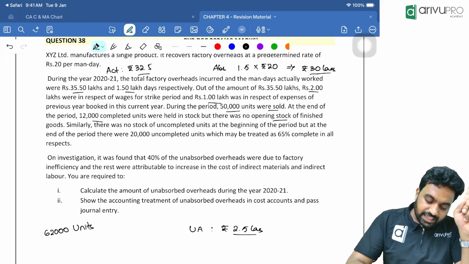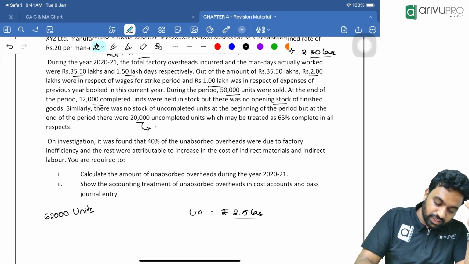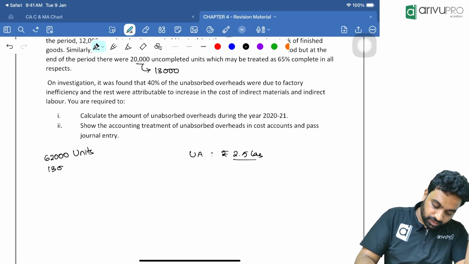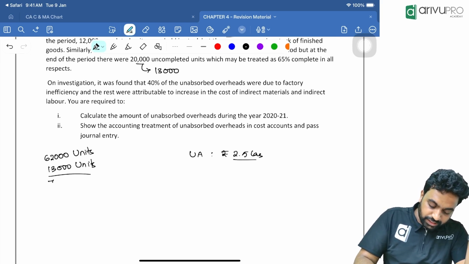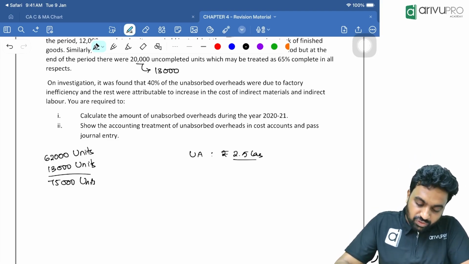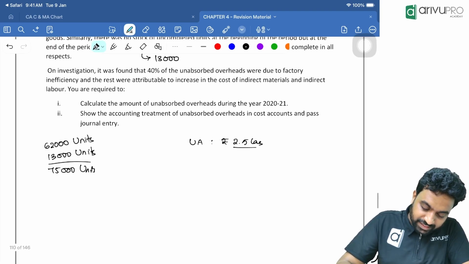But at the end, there is 20,000 units which are 65% complete. That means these are equivalent to 13,000 units. Correct now? So for our denominator, total it will be 75,000 units. On investigation, it was found that 40% was due to factory inefficiency, abnormal.